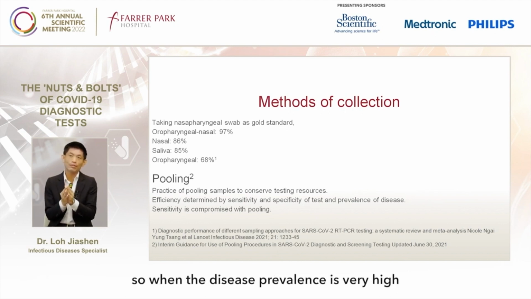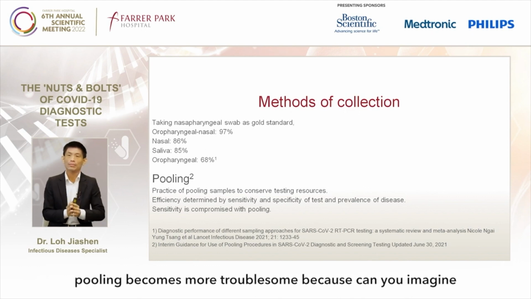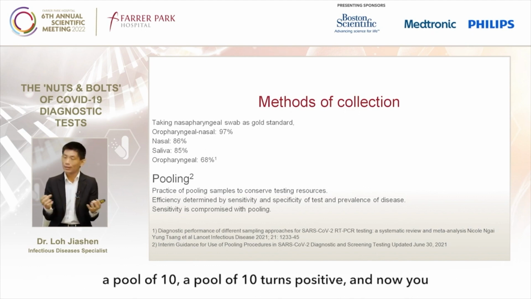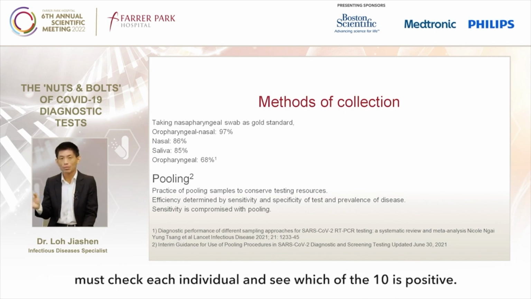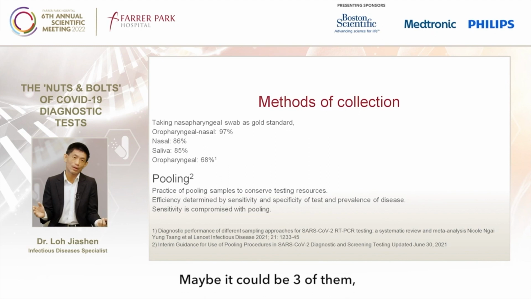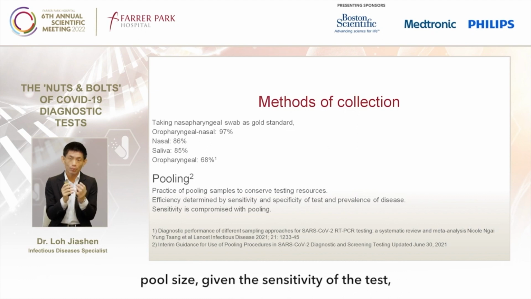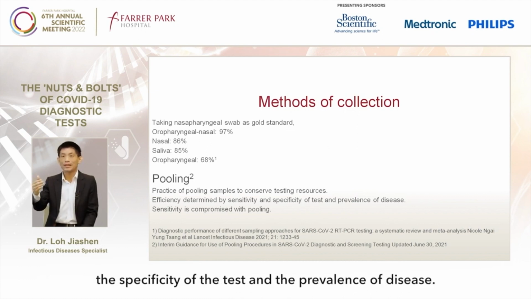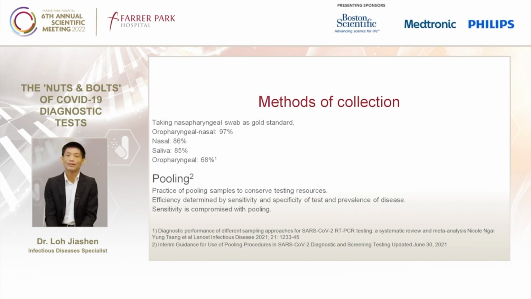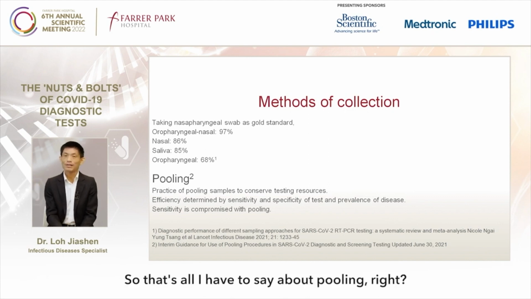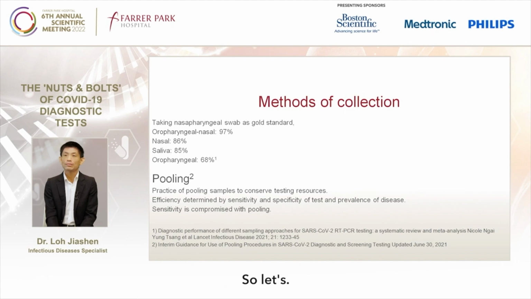So when the disease prevalence is very high, pooling becomes more troublesome, because can you imagine a pool of 10 turning positive, and now you must check each individual one to see which of the 10 is positive? Maybe it could be 3 of them, it could be 7 of them. But there's actually an app to determine the optimal pool size given the sensitivity of the test, the specificity of the test, and the prevalence of disease. Right? So that's all I have to say about pooling. All right? So let's.